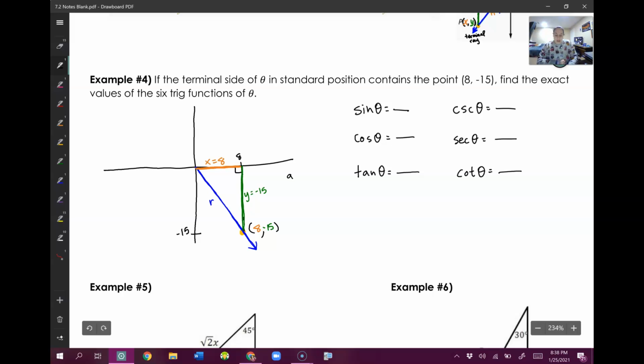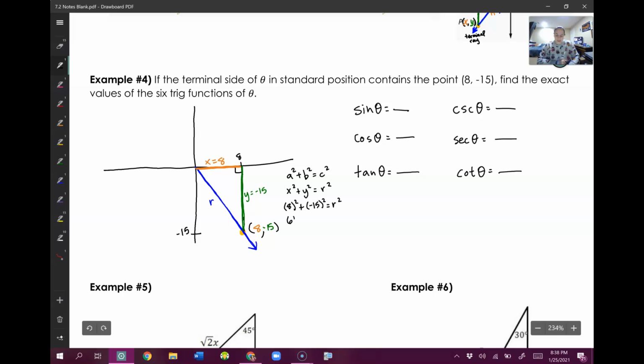So once again, I can use the Pythagorean theorem to solve for the third side. But in this case, the 2 little sides are now X and Y, and the big side is R. So I plug in my X, that's 8 squared. Plug in my Y, which is (-15) squared. Don't forget the parentheses. And I'm solving for R squared.